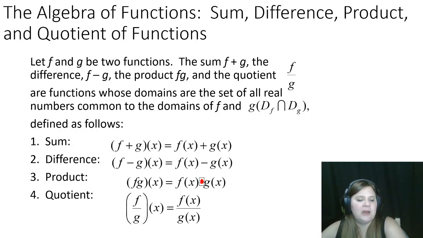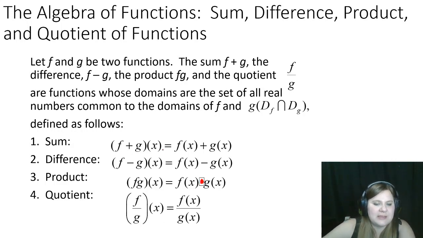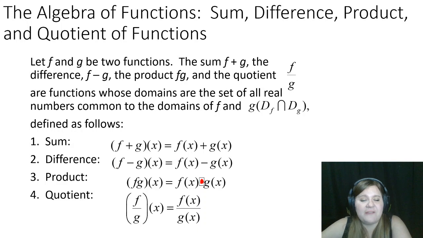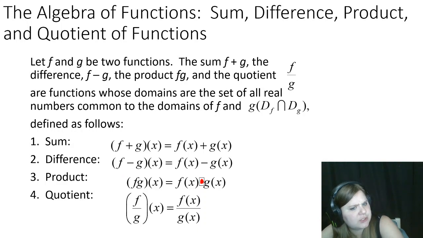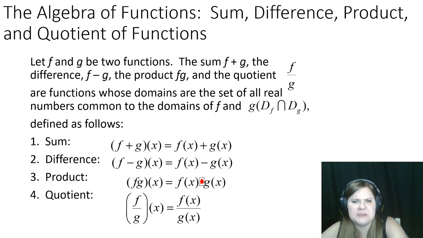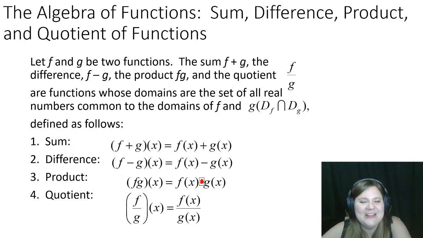Okay, so f plus g of x, when you see that, you can write f of x plus g of x. F minus g of x, you can write f of x minus g of x. So it's almost like you're distributing the x, except it doesn't quite work that way.